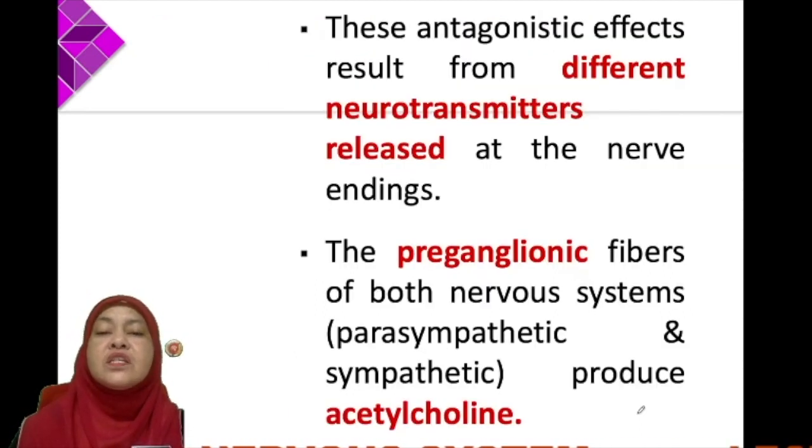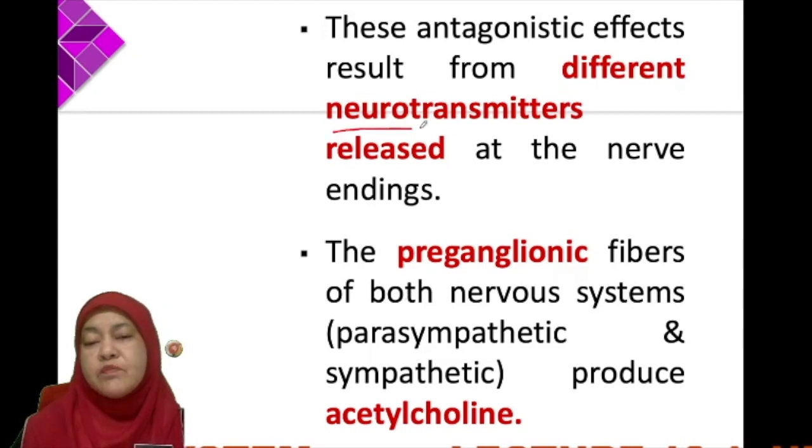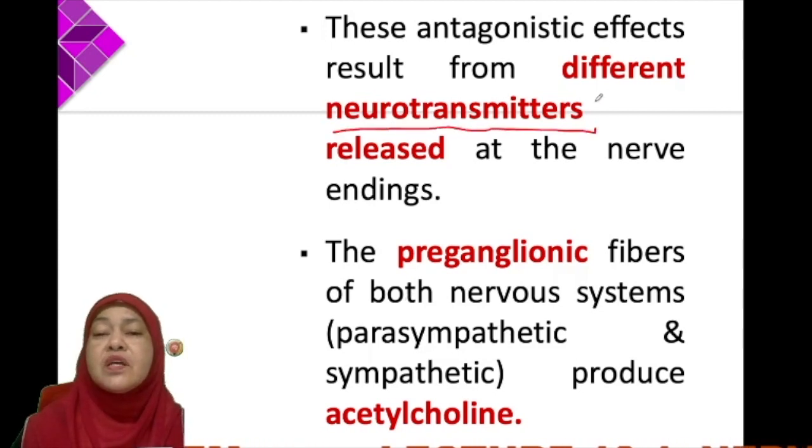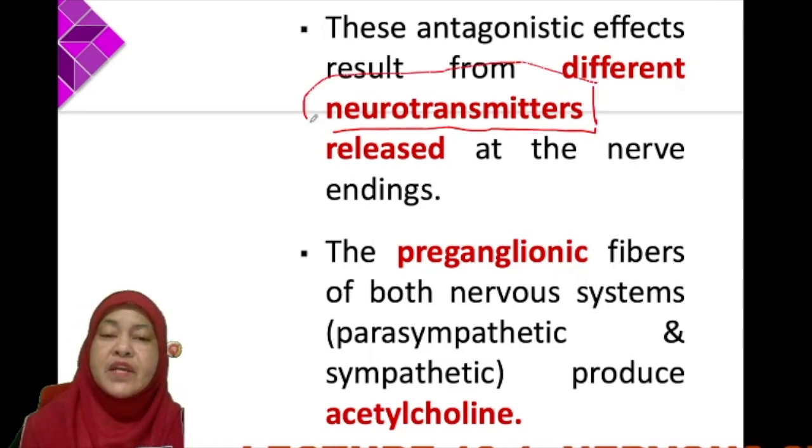This antagonistic effect results from different neurotransmitters being released. When we learn about the nervous system, these are important terms that you must memorize, class.